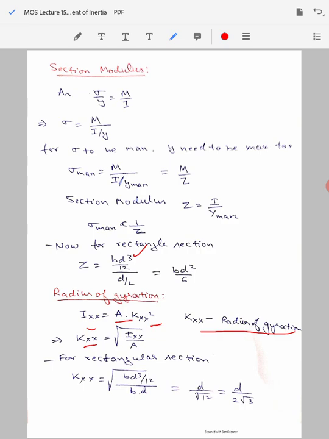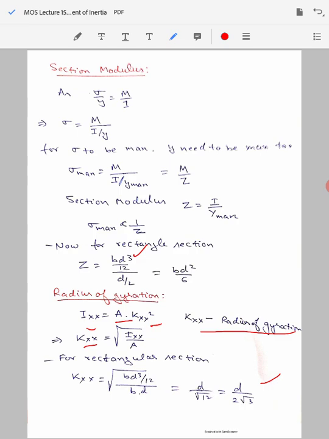Here in this case for a rectangular section, because Ixx is BD cube by 12 and area is B times D, you will get the kxx value as simply D by 2 root 3. In your mechanics of solids book, you may find tables at the end of the book where you are given the value of the radius of gyration for some regular shaped sections.